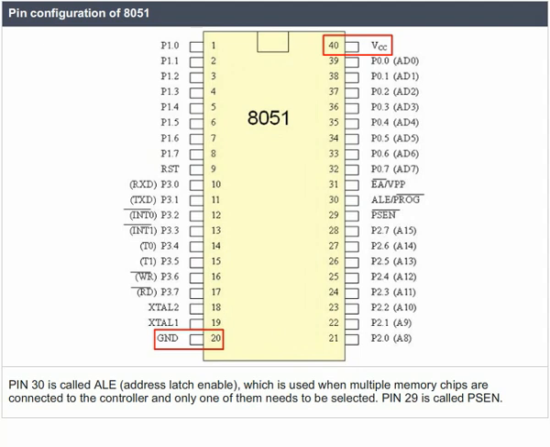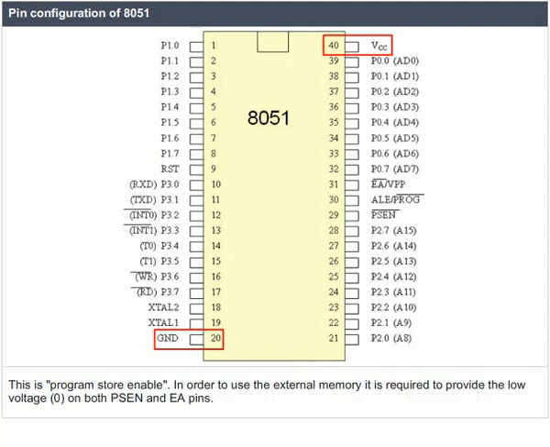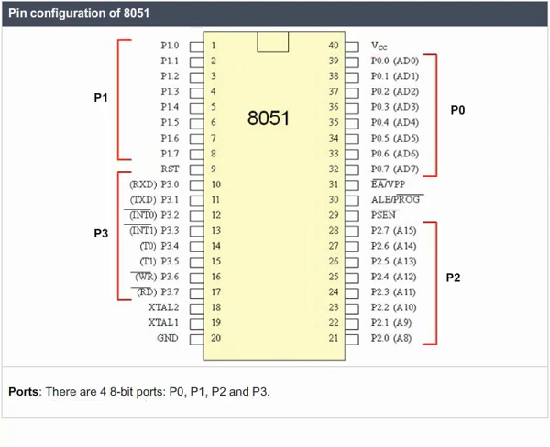Pin 29 is called PSEN. This is Program Store Enabled. In order to use the external memory, it is required to provide the low voltage on both PSEN and EA pins. Ports. There are 4 8-bit ports: P0, P1, P2 and P3.